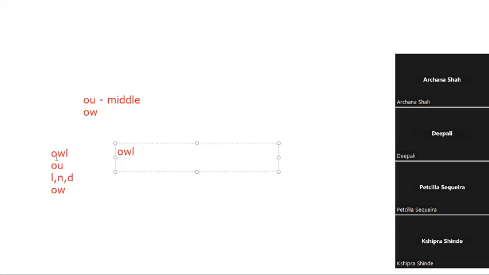So either when you have OU sound coming at the end or just before N, L or D. Also, any word ending with EL, any word ending with ED or any word ending with ER will also take OW.